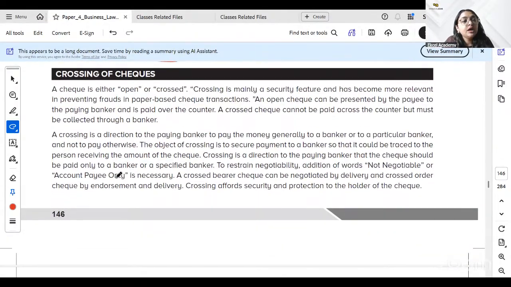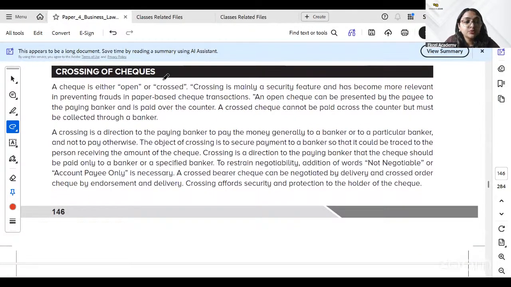Then we understood the concept of crossing of checks, wherein we saw a check can be either open or crossed. What is crossing? It is mainly a security feature. An open check can be presented by the payee and paid over the counter. A crossed check must be collected through a banker only. It is a direction to the paying banker to pay money generally to a bank or a particular banker.